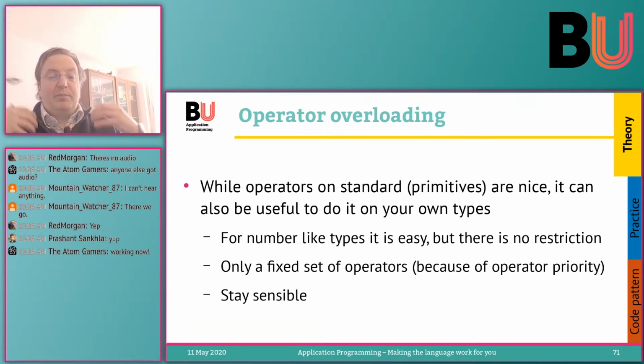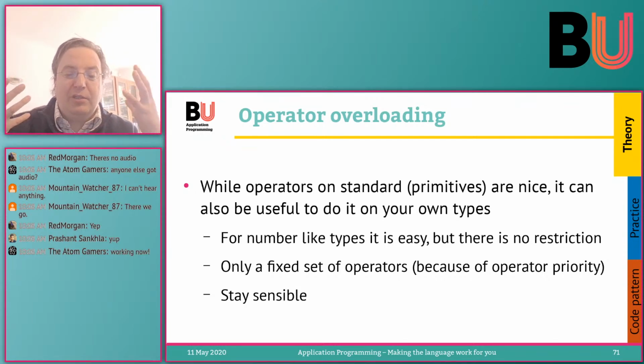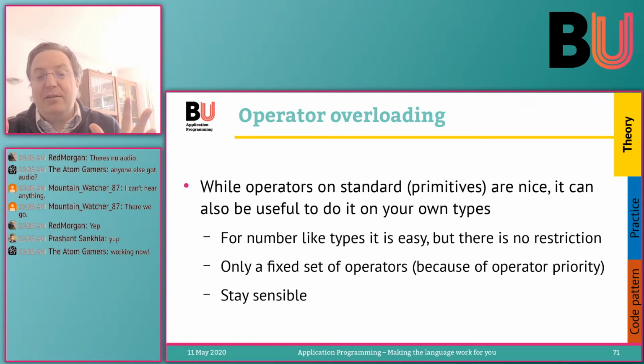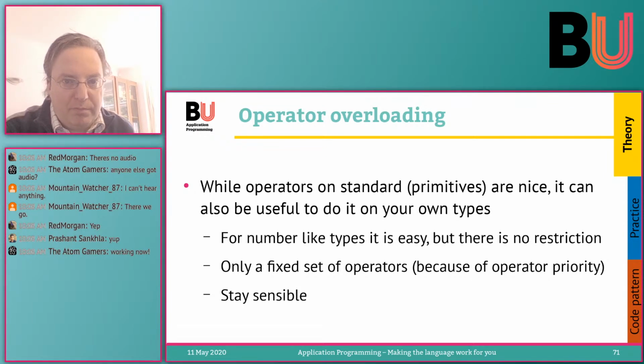You want to normally stay within the intended meaning of that operator. Not always, but mostly you want to do that, so that it becomes easy to understand what is going on.